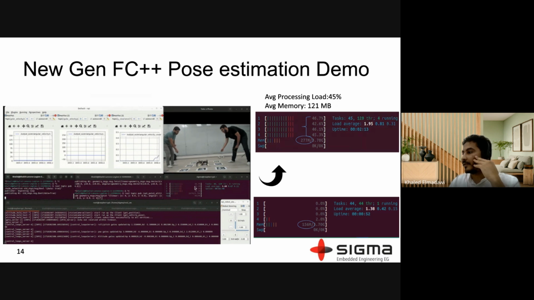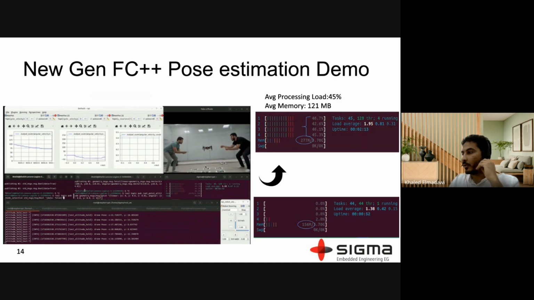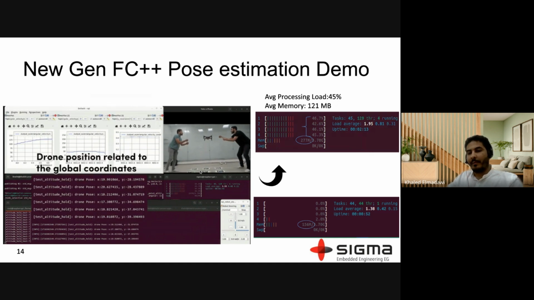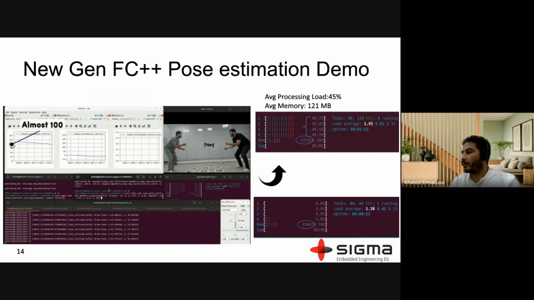Here you can see that we have engaged the camera with ArUco markers to make a map. From this map, we can observe the state or the pose estimation of the drone in the 3D domain.